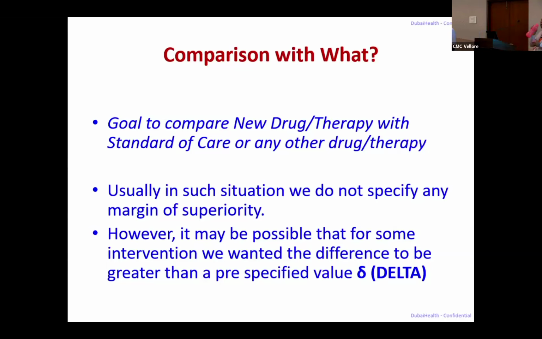Now the question becomes, what would you like to be the effect to detect about your new intervention doing better? Obviously, if you got 40% in the intervention arm, you would be extremely happy, right? It's 20% better.